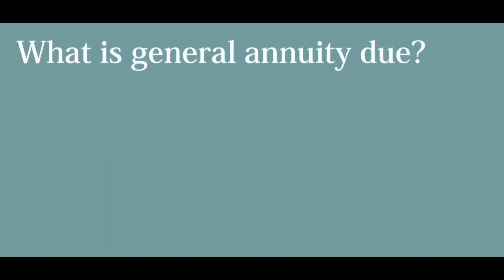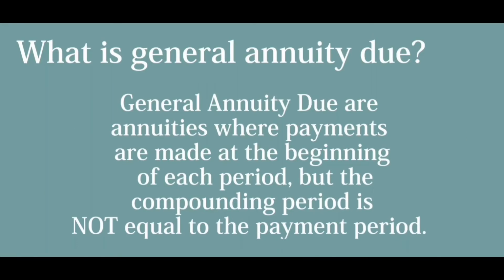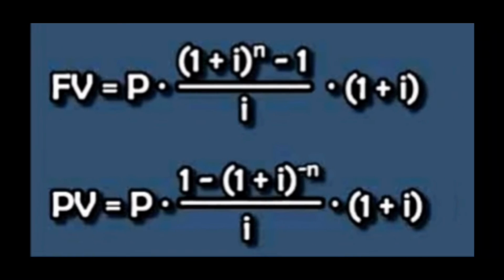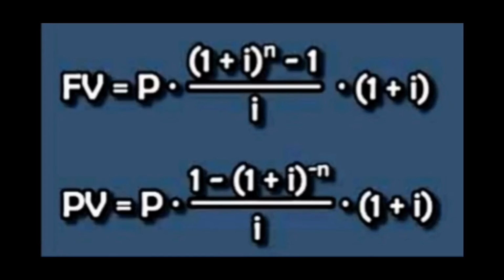So now we are going to talk about General Annuity Due. What is General Annuity Due? General Annuity Due are annuities where payments are made at the beginning of each period but the compounding period is not equal to the payment period. And here is the formula for General Annuity Due.